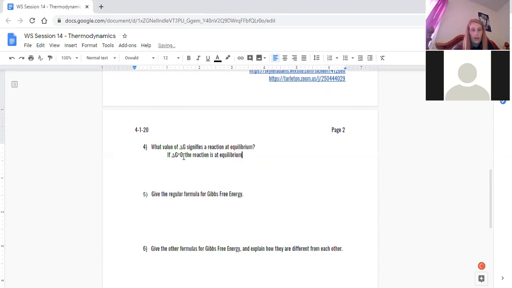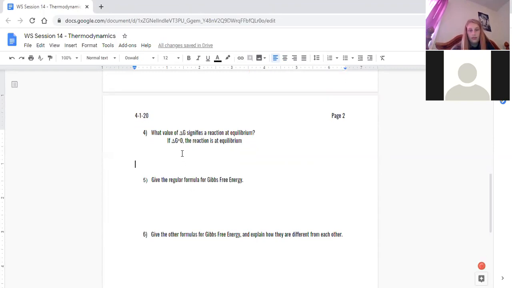And then like we talked about before, the delta G gives free energy. That's a little bigger where you can see it better.